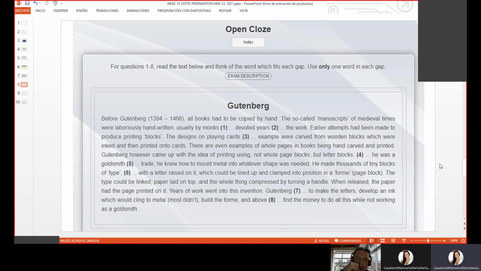It's like saying, them. No, it's not them. It's like saying cada uno con una letra. Each. Each is correct: each with a letter raised on it, which could be lined up and clamped into position. Okay, number seven.